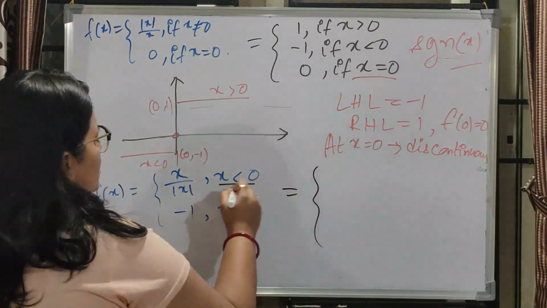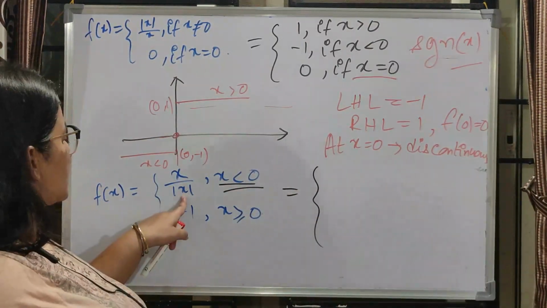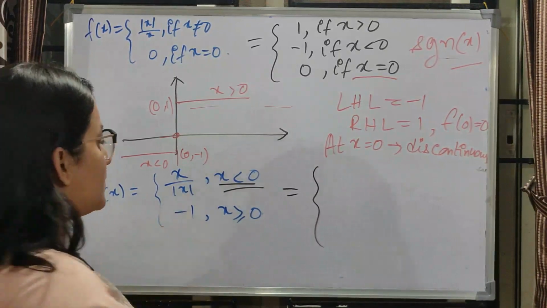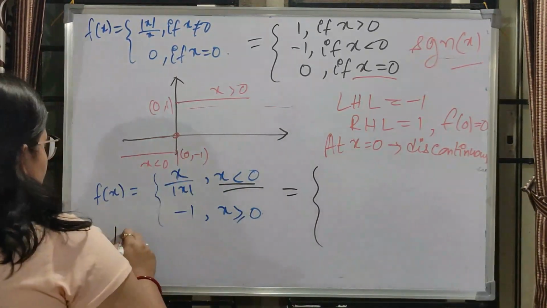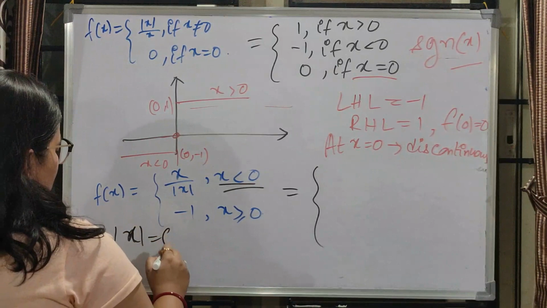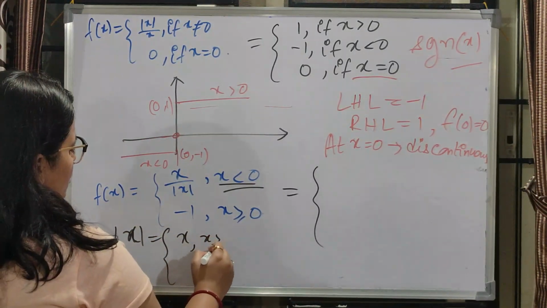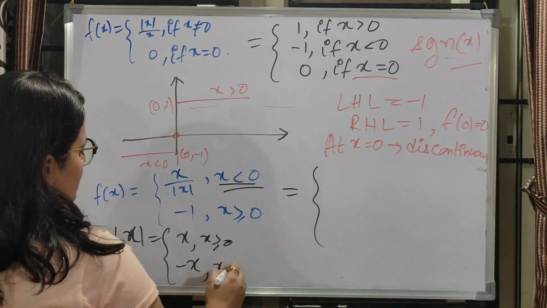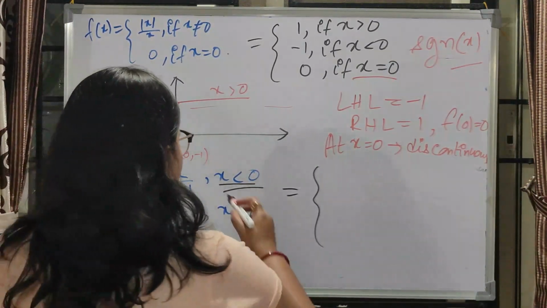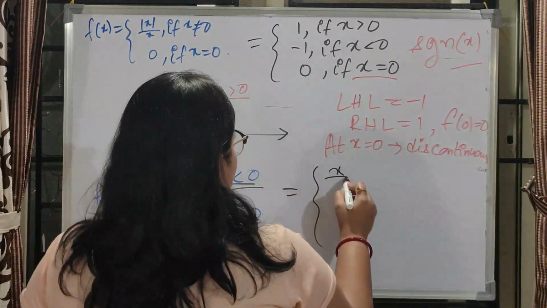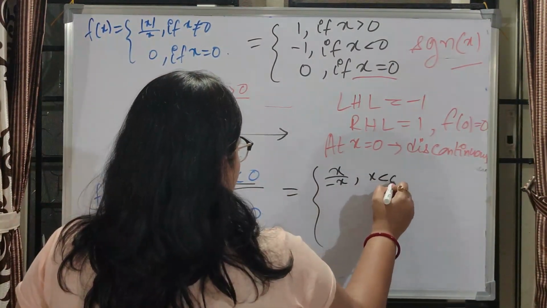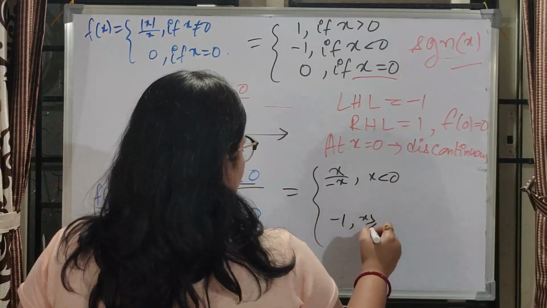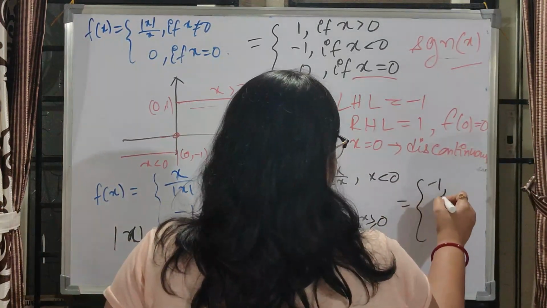But see these questions here. For x less than 0, it has already been mentioned, so the modulus of x will be minus x. As we know, the mod x function is x when x is greater than or equal to 0, and minus x when x is less than 0. So it will become x upon minus x, that is minus 1, and for x greater than or equal to 0 also minus 1.